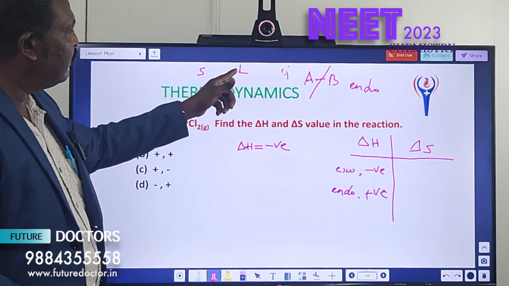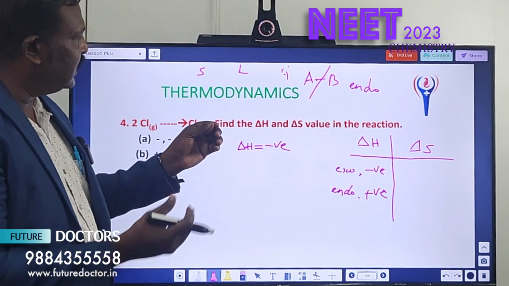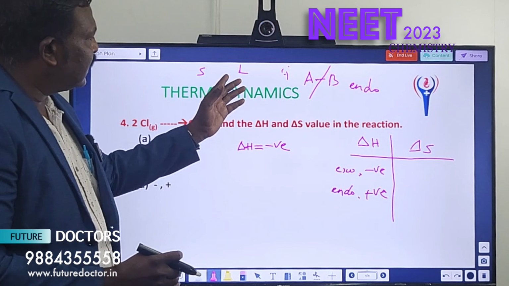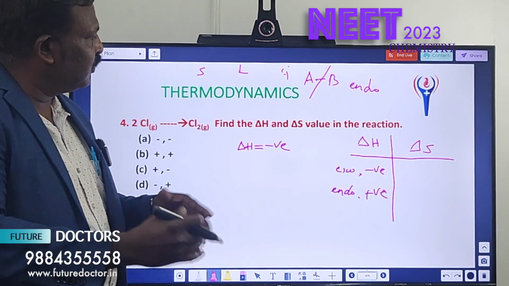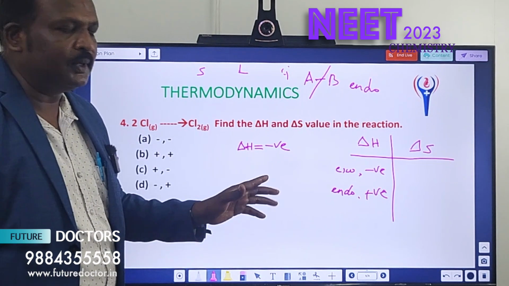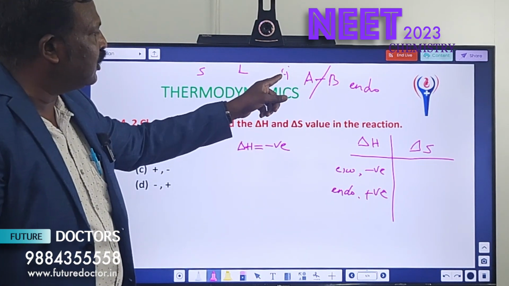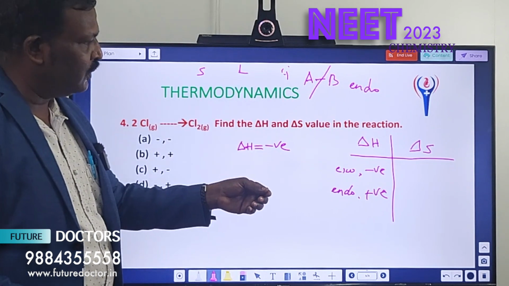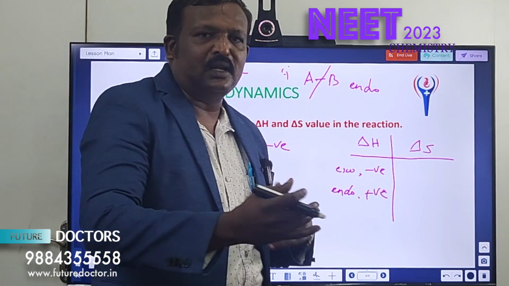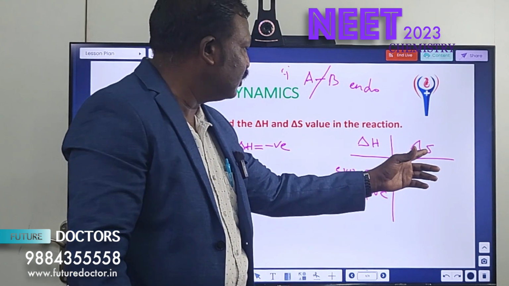In the liquid state there is some disorder. In the gaseous state there is more disorder, and wherever there is more disorder, entropy will be very high. In the gaseous state, the entropy is more. Entropy is nothing but disorder.